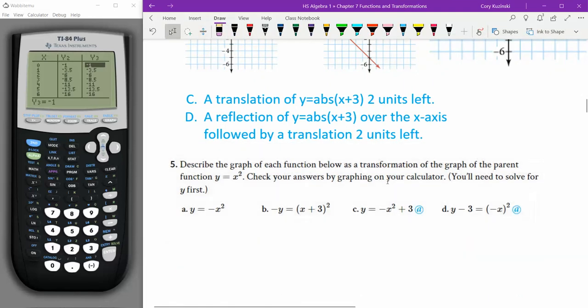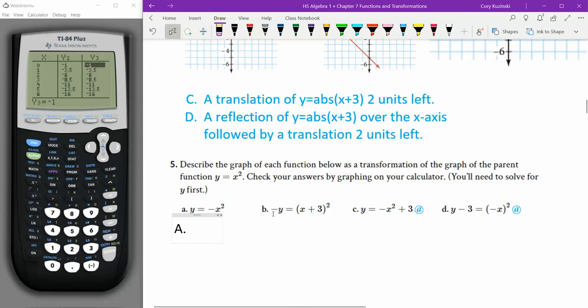It's a lengthy homework assignment here. Describe the graph of each function below as a transformation of the graph of the parent function y equals x squared. Check your answers by graphing on the original. All right, so on this, because the negative sign is kind of outside the function, it's like y was replaced by -y, and then we multiplied both sides by -1.